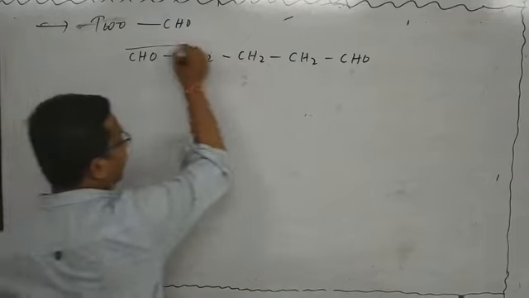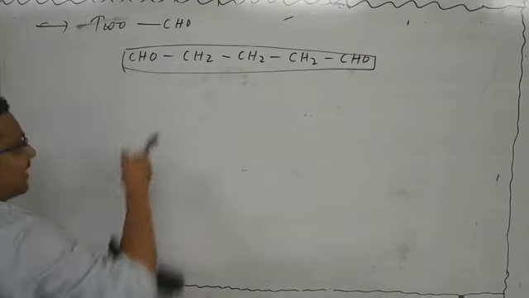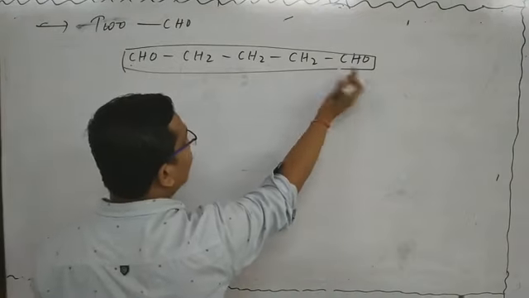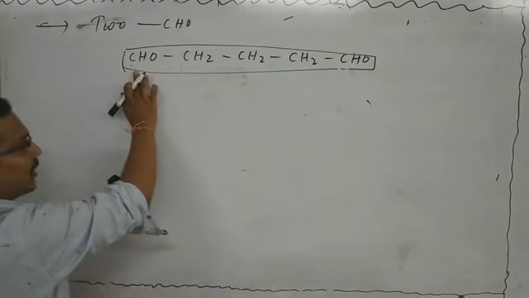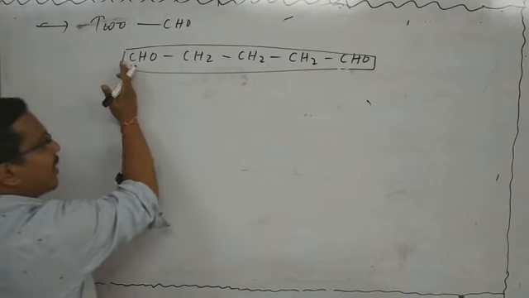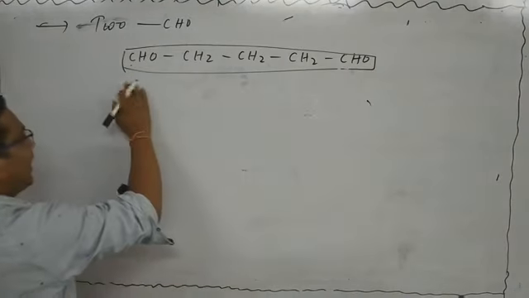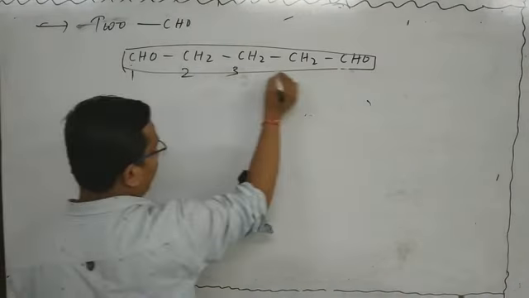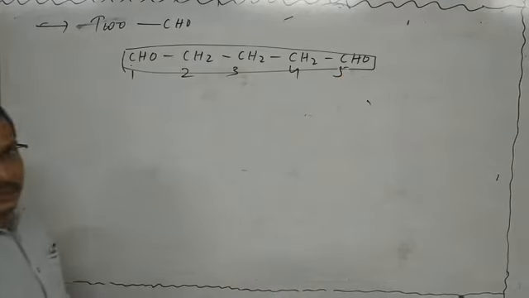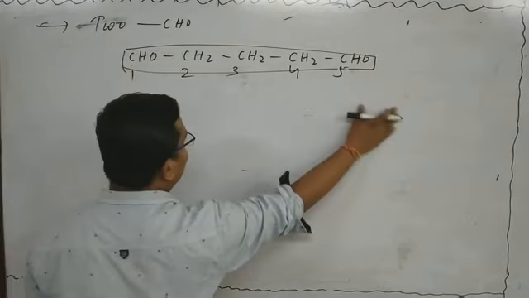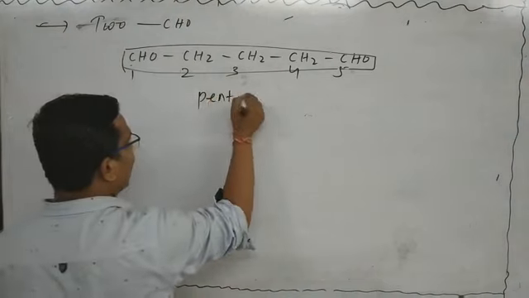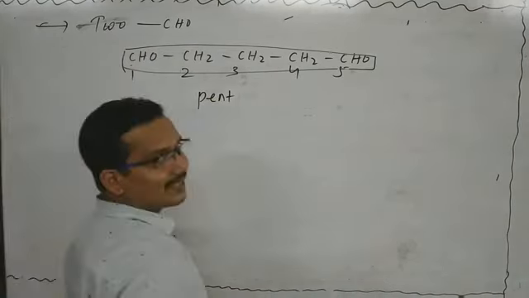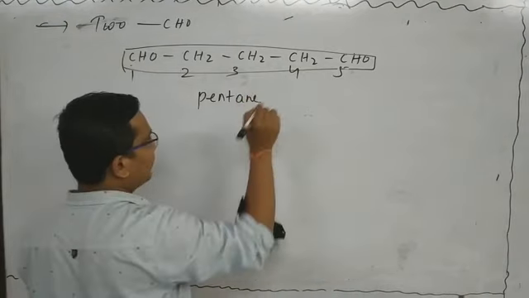This is your long chain. In this case, you can start numbering from this carbon to this carbon, or you can start from this carbon to this. That means you can start numbering from left to right or right to left. Suppose this is number 1, 2, 3, 4, 5. Since 5 carbons are present in the long chain, there is pentan, and they are linked by a single bond, so pentan is written.